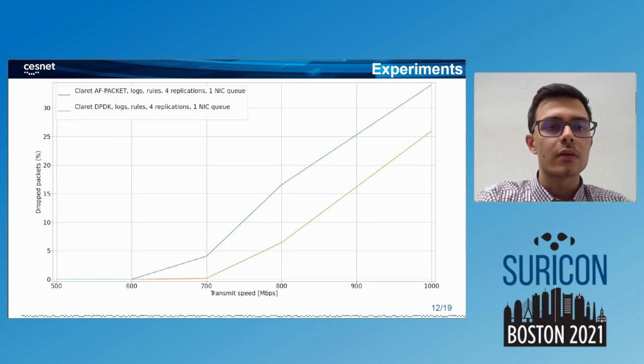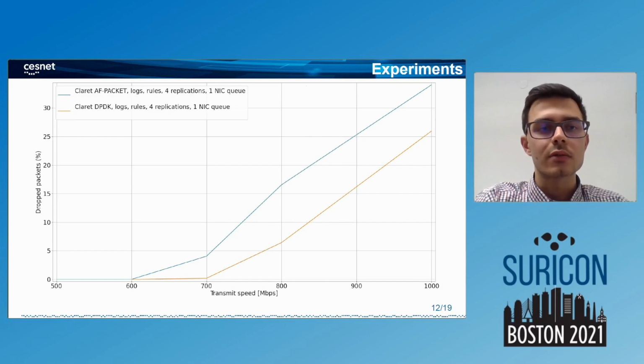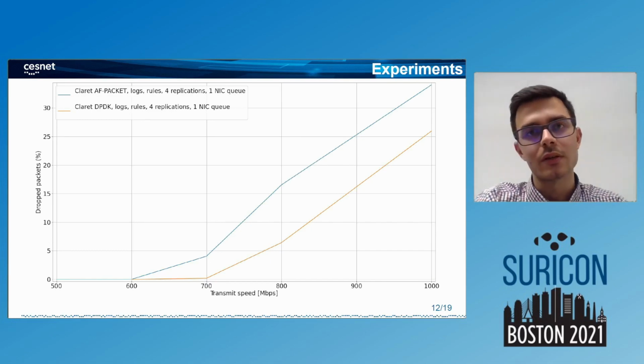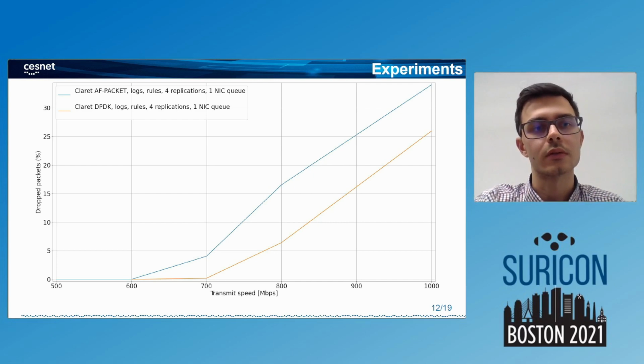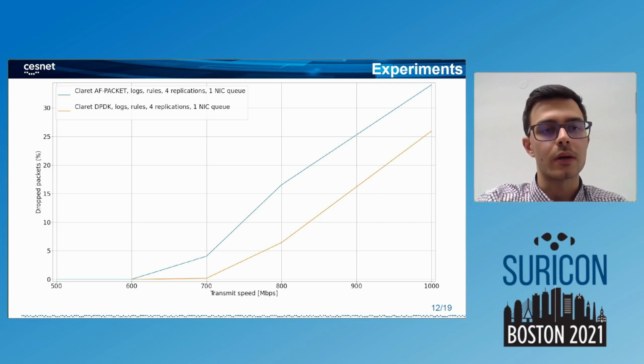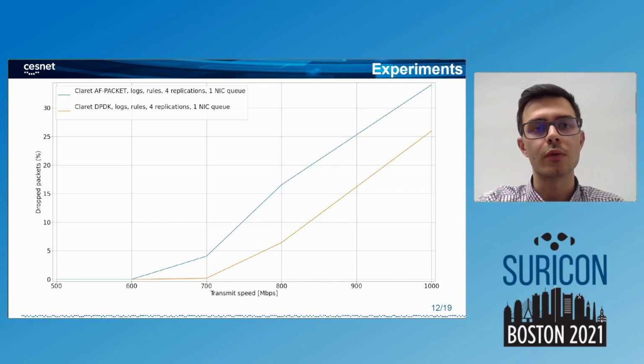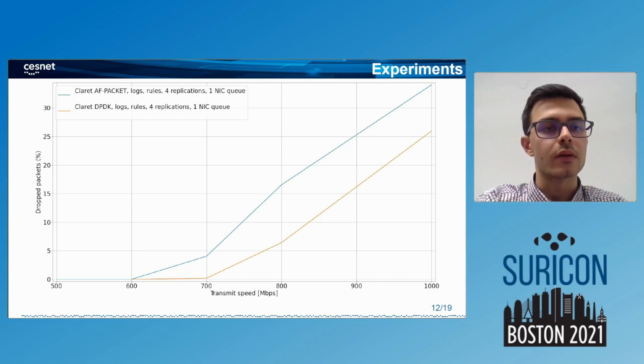Now, it was nice to have measurements without rules, but it's also important to measure the performance of Suricata with rules. Now we have here in this graph rules enabled, as previously mentioned, the rules from ET Open, and it works on one NIC, so on one thread.